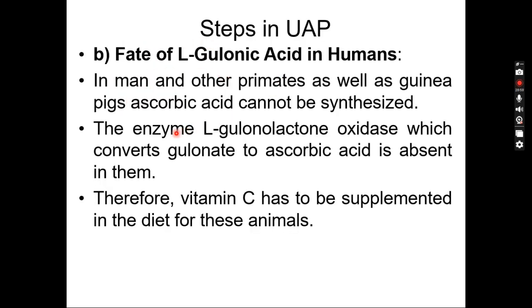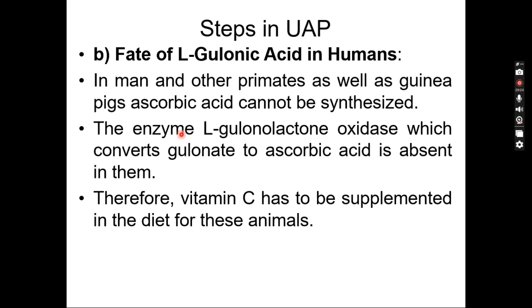So in man, that's the fate of uronic acid in humans and other primates, as well as the guinea pigs. Ascorbic acid cannot be synthesized. Okay, in short, it means vitamin C, we cannot synthesize vitamin C in our bodies, but we can take it as a supplement.